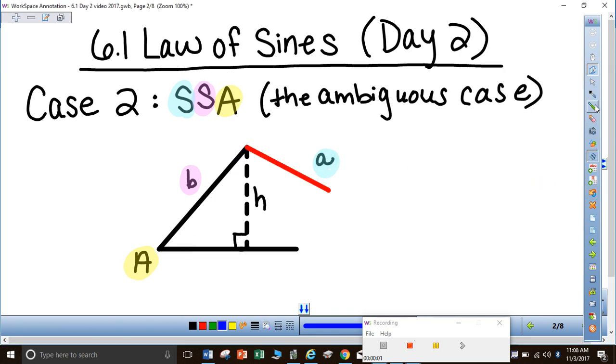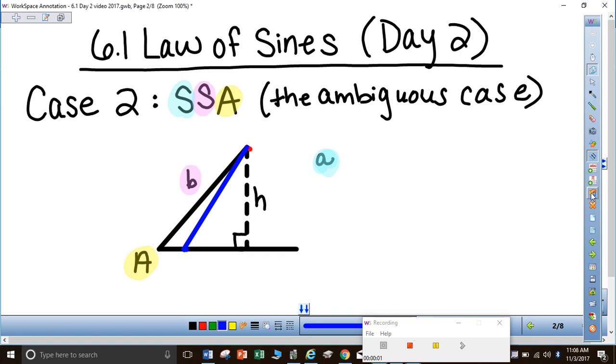Okay, two triangles are formed. One triangle would be if you move the side out like this, longer than the height, but still less than side B. The second triangle is over here. So just imagine that long, skinny, obtuse triangle that you see there. So that's the second possibility.